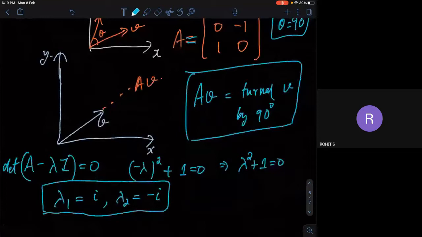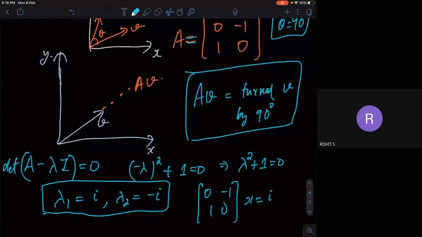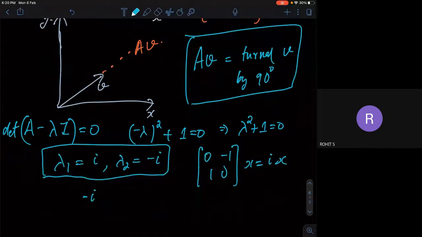So let's see that. The matrix 0 minus 1, 1 0 times some vector x gives me i times x. So this is minus lambda, so minus i, right? And minus 1, 1, minus i.